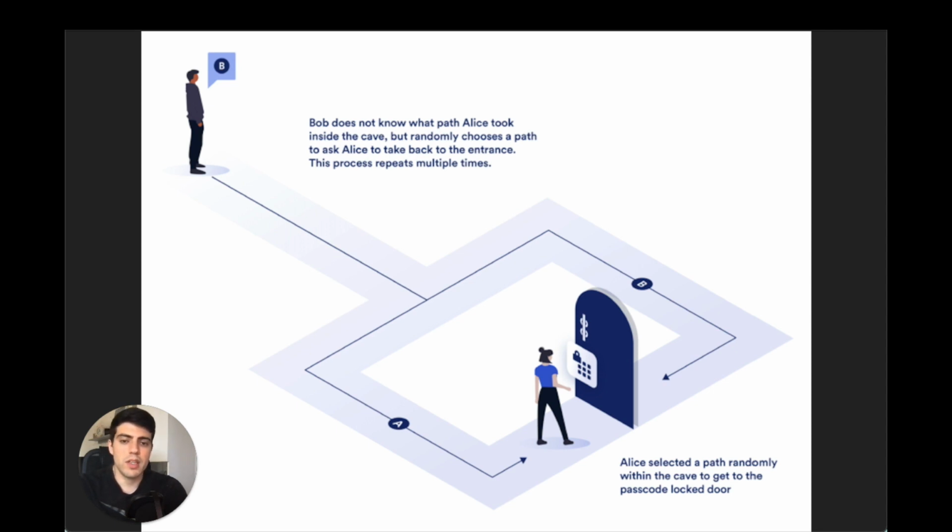This process can be repeated multiple times to prove, with a high degree of probability, that Alice has knowledge of the door's passcode and did not just happen to choose the right path initially. After conducting this experiment many times, we can have a higher degree of confidence that Alice knows the door's passcode without revealing the actual passcode to Bob.